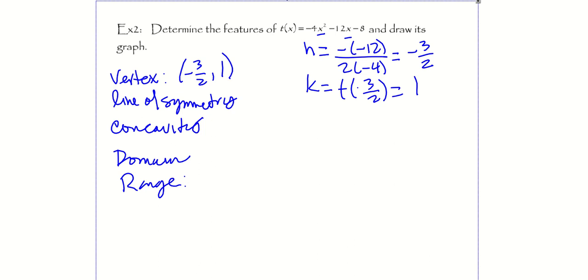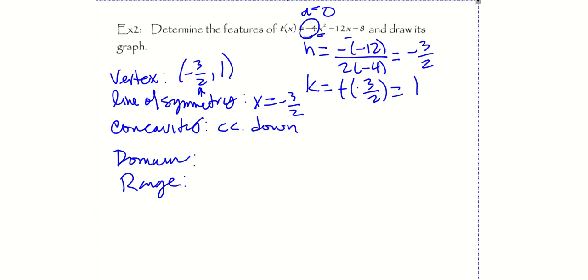Okay. My line of symmetry is always at x equals, and my variable is x here, the h coordinate of my vertex, so that's going to be x equals -3/2. My concavity is determined by my value of a, so because a is less than 0, this will be concave down, so it'll be a sad parabola.